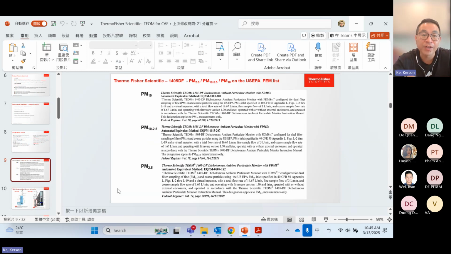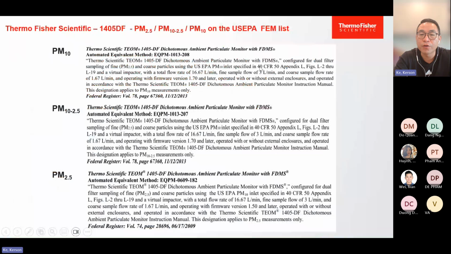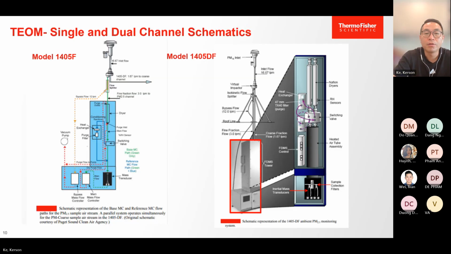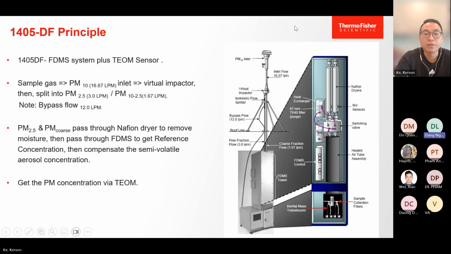If the supplier or vendor applies with the documentation following the guideline, 40 CFR 50 appendix, and follows the testing procedure, after their review, they will issue the certificate to you. Okay. Okay, back to our presentation.